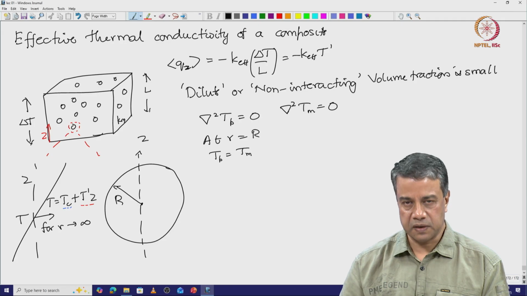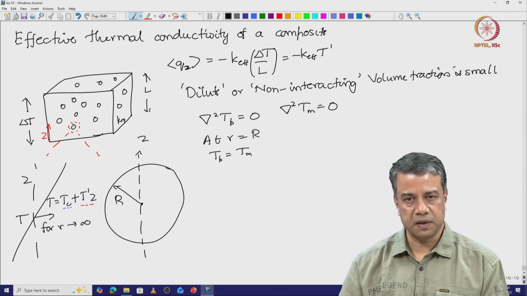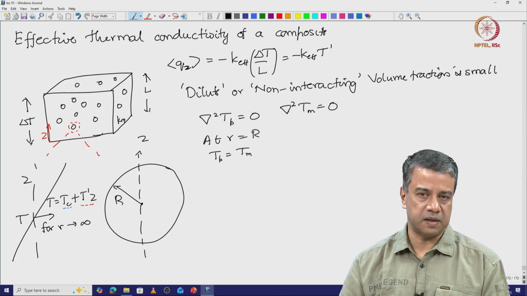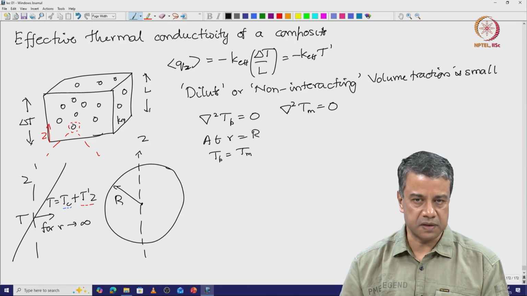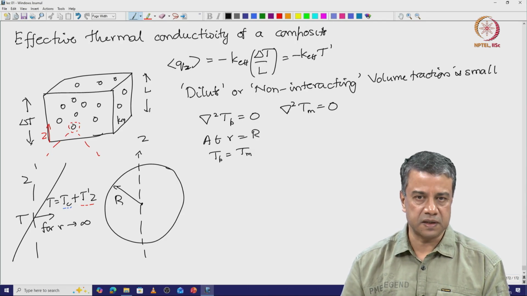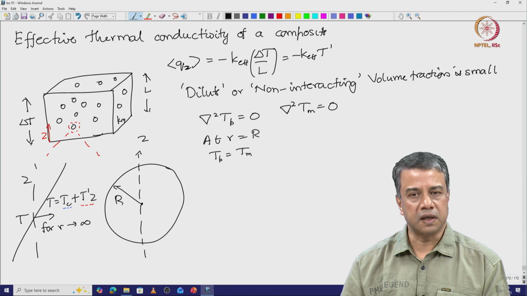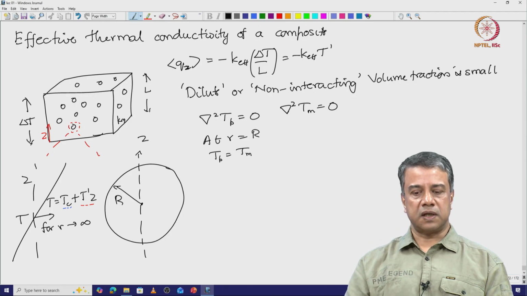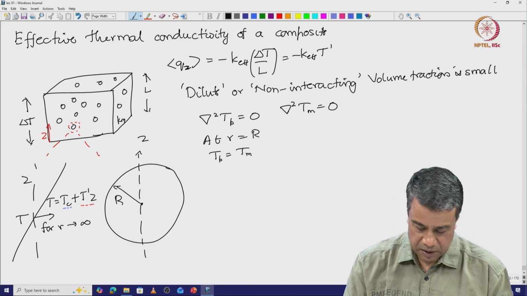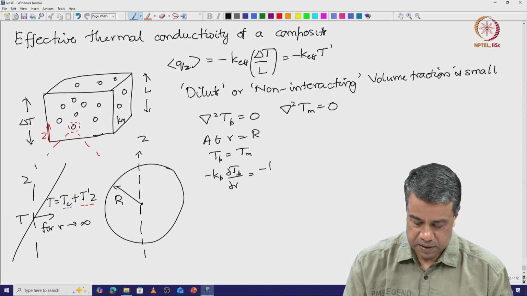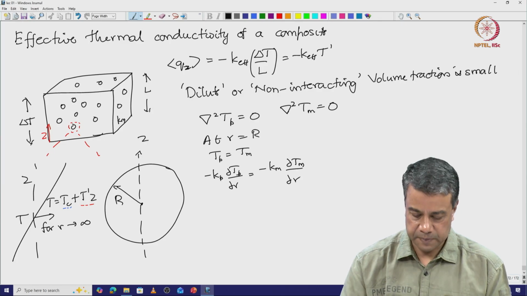If the flux perpendicular to the surface is not the same, there will be an accumulation of heat at that particular surface. If the flux in is not the same as the flux out, there will be an accumulation or depletion of heat, which cannot happen if you are at steady state. So, therefore, minus Kp partial Tp by partial r is equal to minus Km partial Tm by partial r.